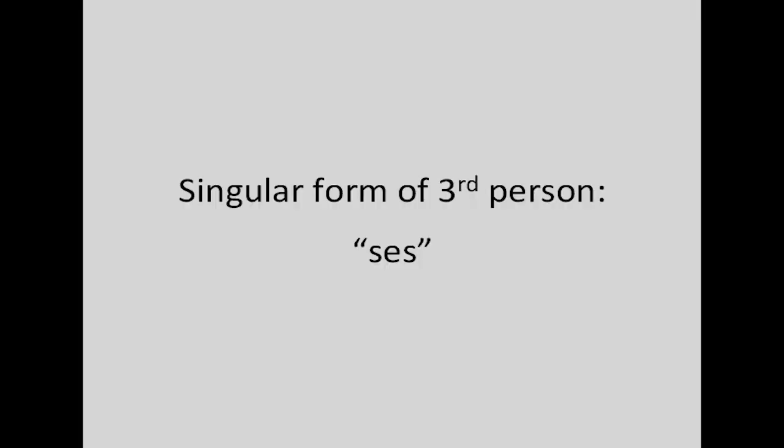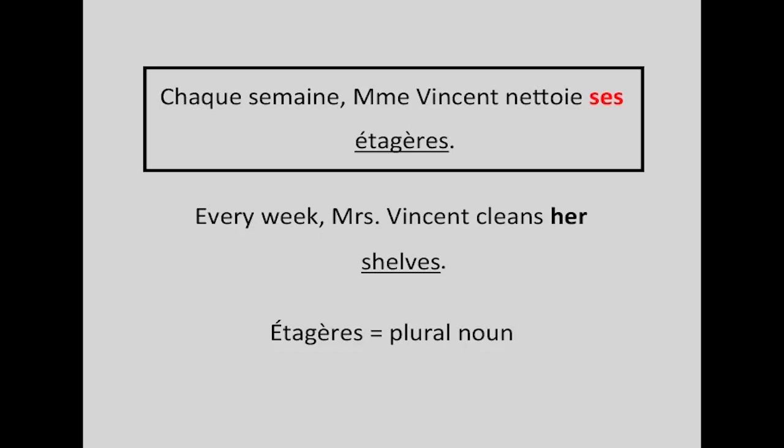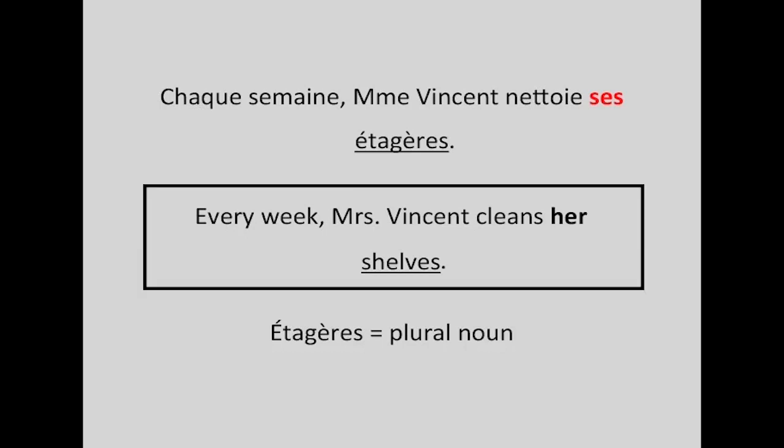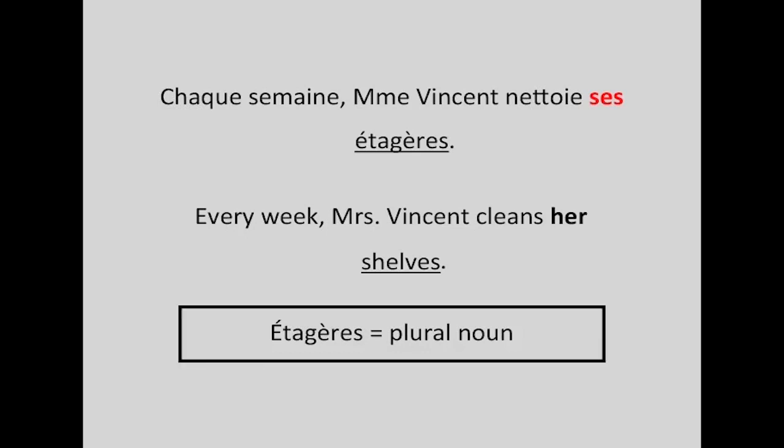Now, I'll show you how to use ses. Chaque semaine, Madame Vincent nettoie ses étagères. The English translation of this sentence is every week, Mrs. Vincent cleans her shelves. Étagère is a plural noun and hence the possessive adjective that precedes it must also be plural. Possessive adjectives in French have only one plural form. So, irrespective of the gender of the modified noun, this plural form always precedes the plural noun.